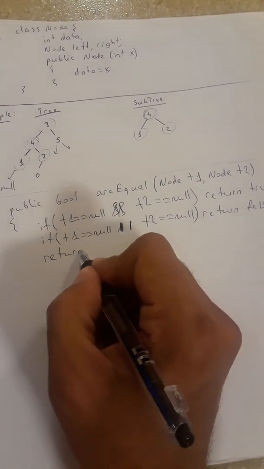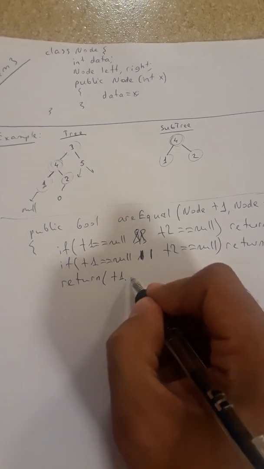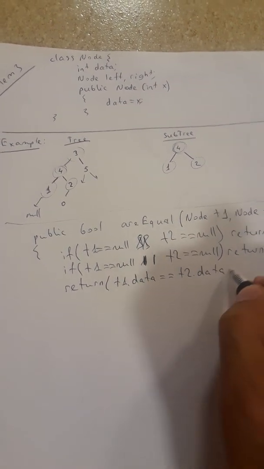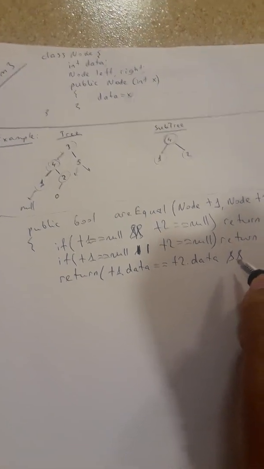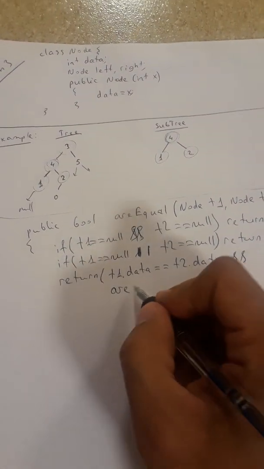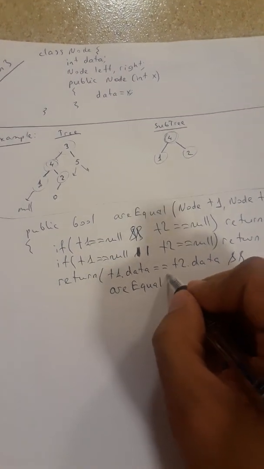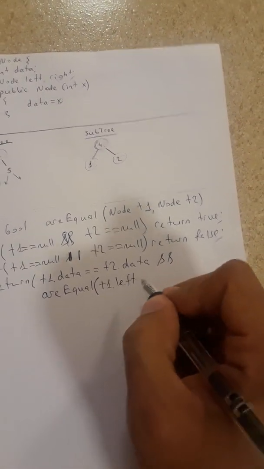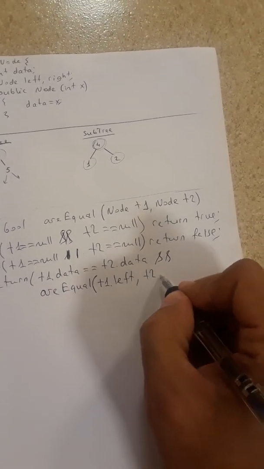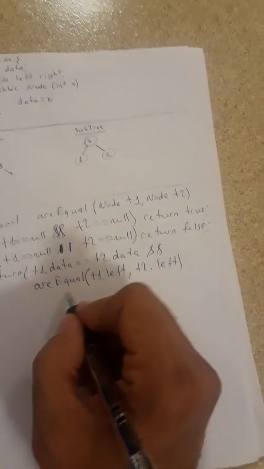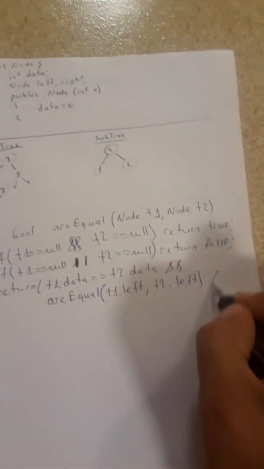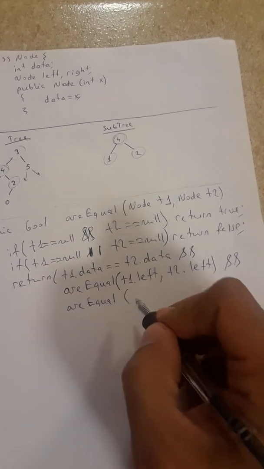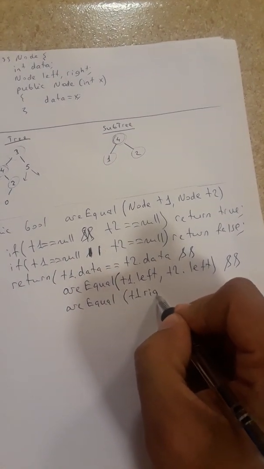And at the end I will also return whether t1 data equals t2 data, and I will go deep down recursively and check if the children of that node are also equal to each other or not, like t1 left and t2 left using this rEqual function, and at the same time, again recursively go down to the right child.